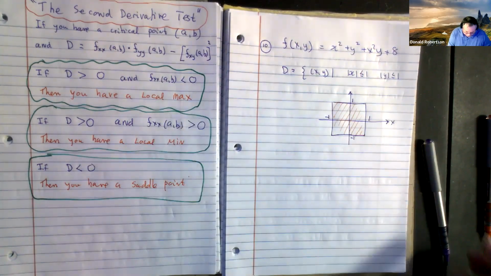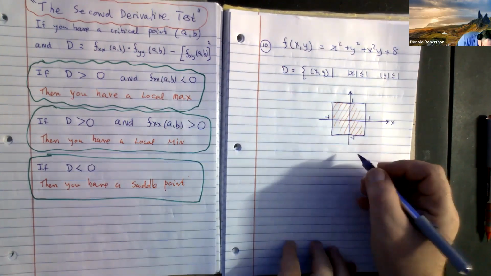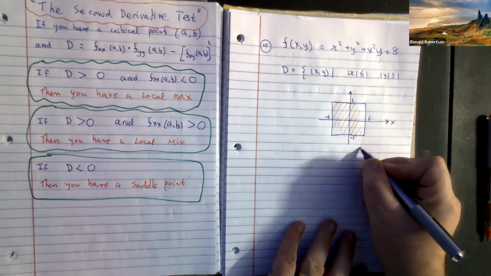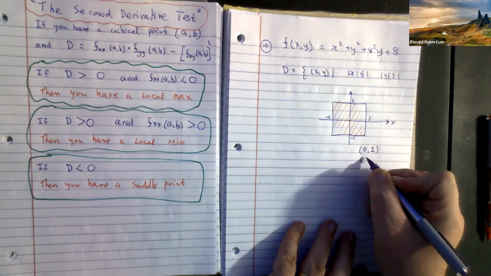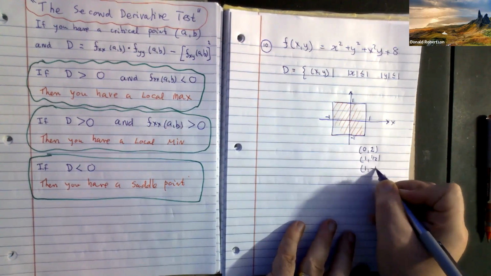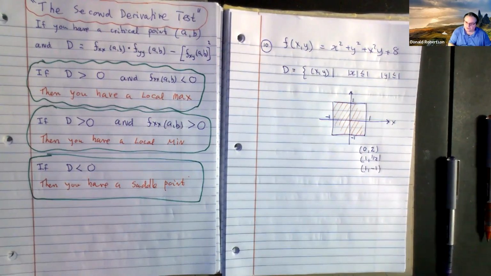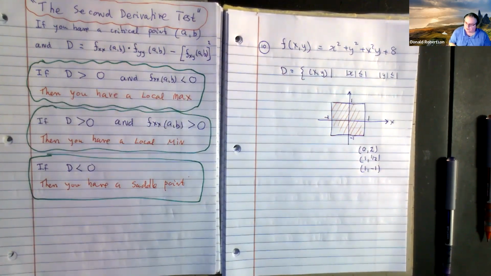So when you come to picking critical numbers, and I'm just going to make this up, let's suppose we find 3 critical numbers, and one of them is (0, 2), one of them is (1, ½) and one of them is (1, -1). Let's suppose we did the math, ignored that piece of information and just found critical numbers, and we got 3.